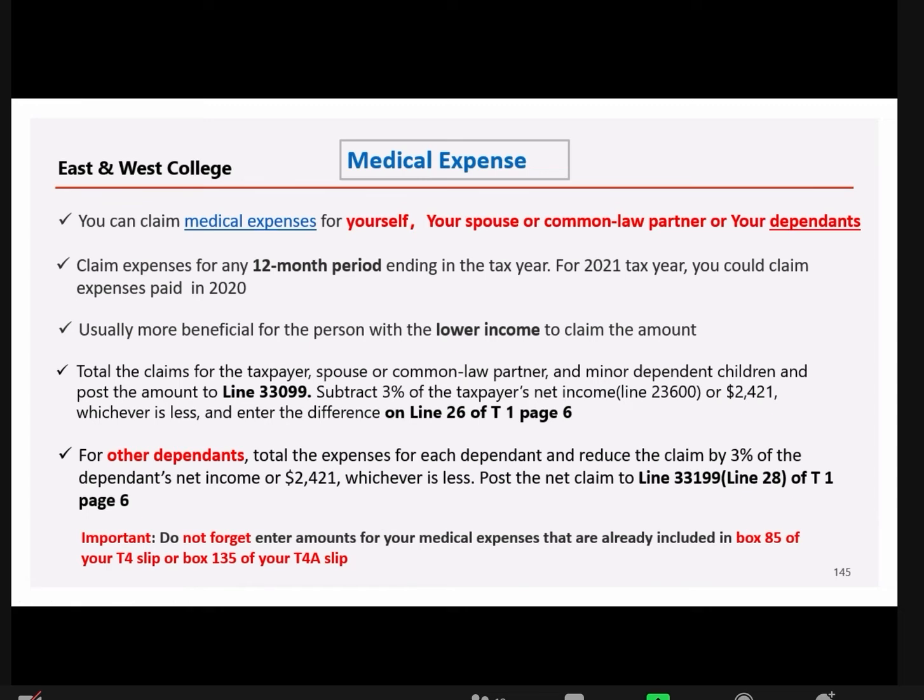This slide is from my friend who works at H&R Block. She made it and said it's important. So what is box 85 of your T4? It's where the company has medical insurance, right?